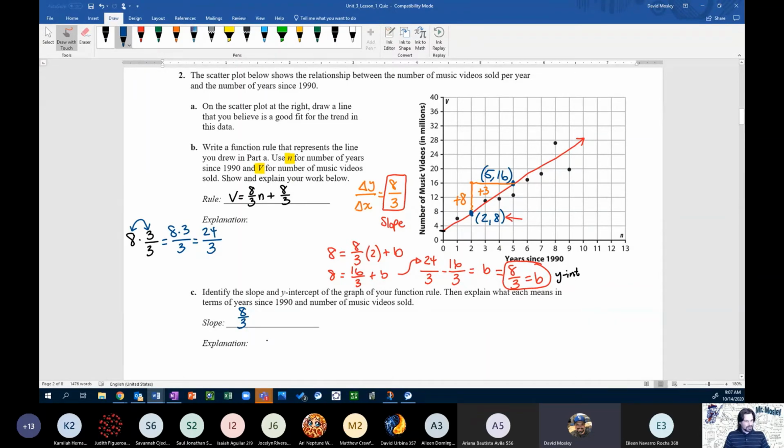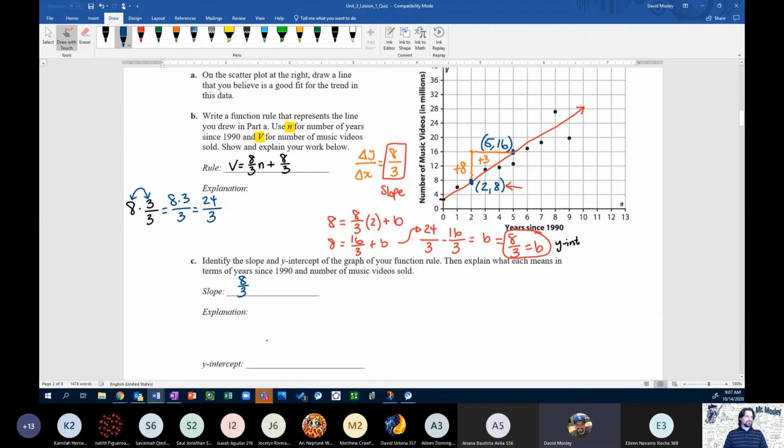This means, in terms of years since 1990 and number of music videos sold, the rate of change, the slope, tells me how many millions of music videos are sold, increasingly each year. How many more are sold?